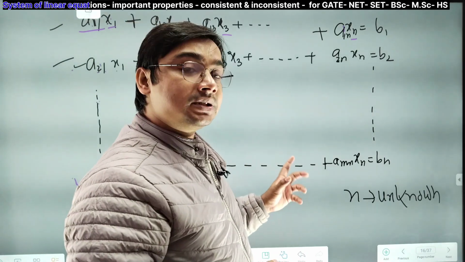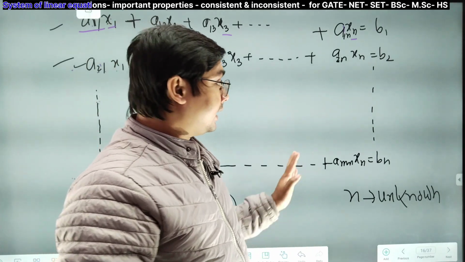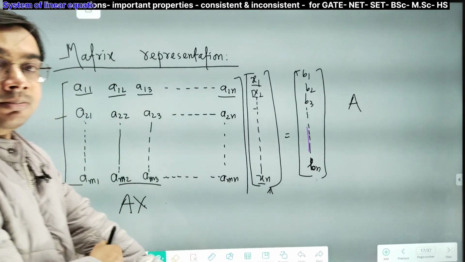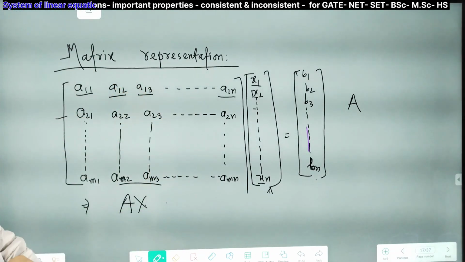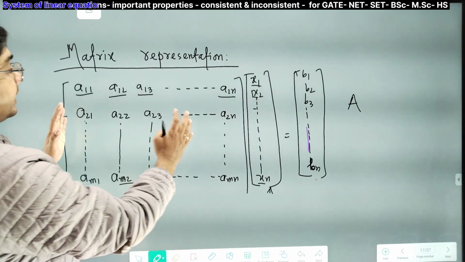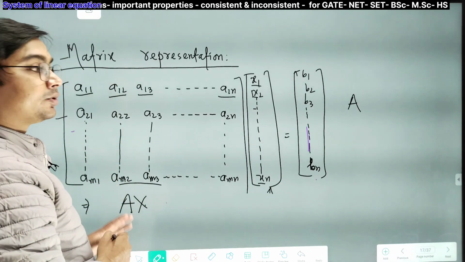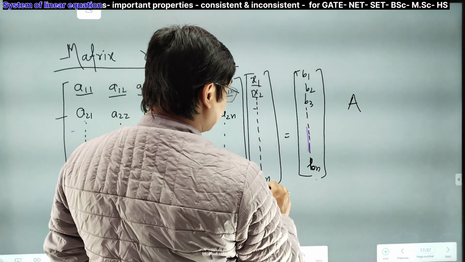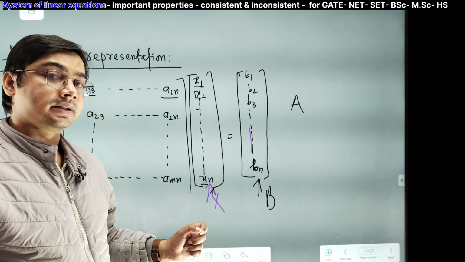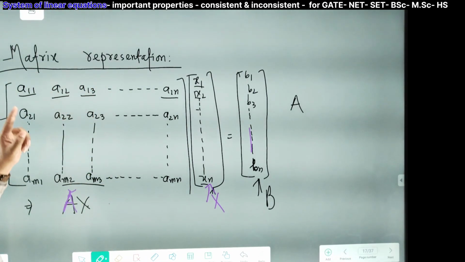Okay, so remember this is the standard form of a system of linear equations. If we want to represent this system in matrix form, this will be the matrix representation. Here I construct a matrix using the coefficients of the variables or unknowns. This is the matrix for the unknowns x, and this is the matrix for the constant terms. These are just the coefficients of the unknowns.